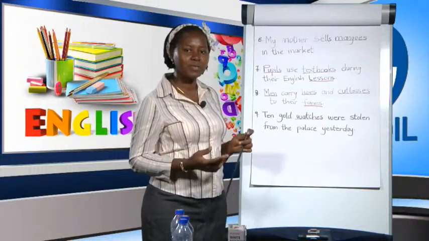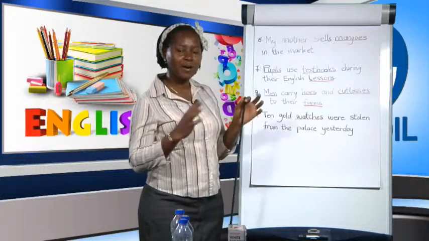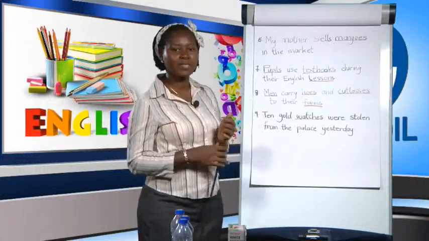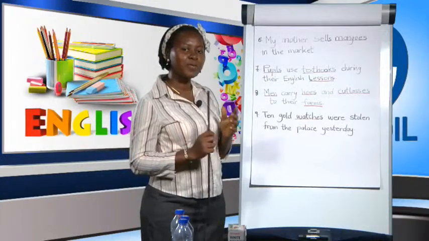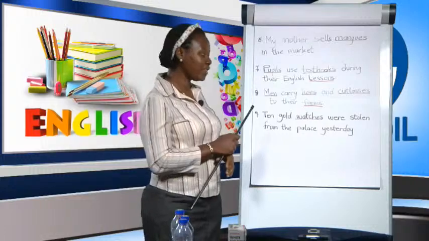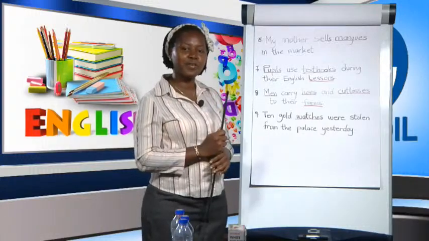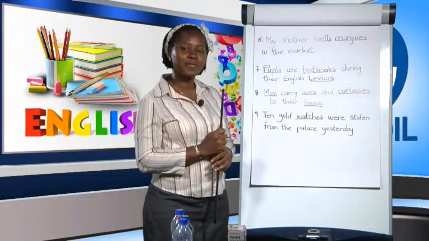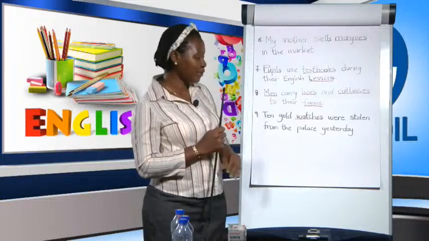We can count them. That is why we call them countable or count nouns. I hope you can use some of these examples in your homes to form your own sentences. Good.